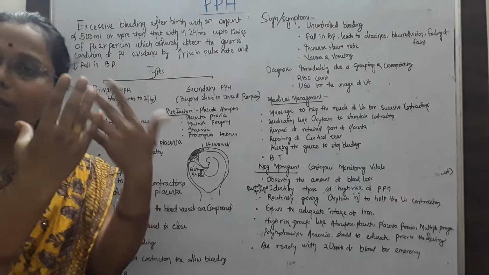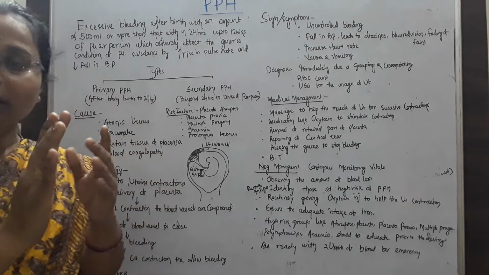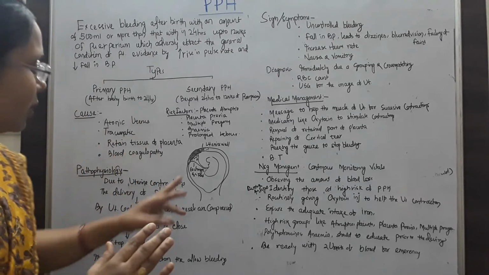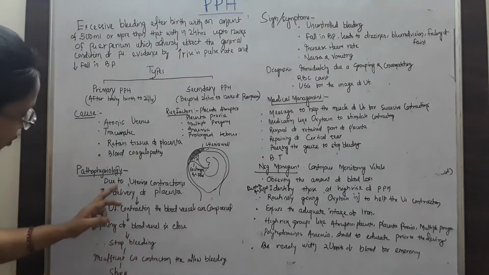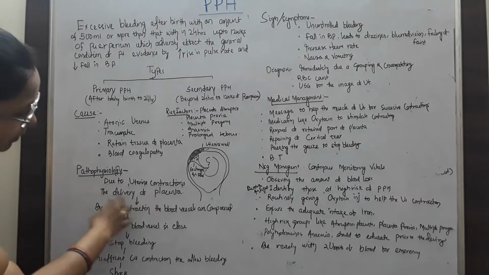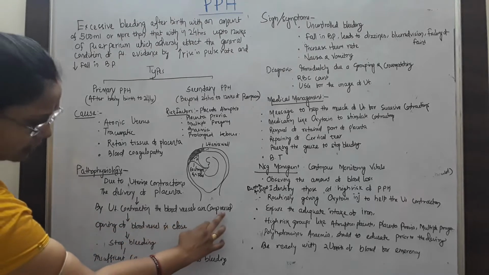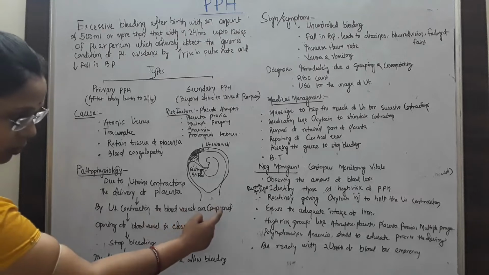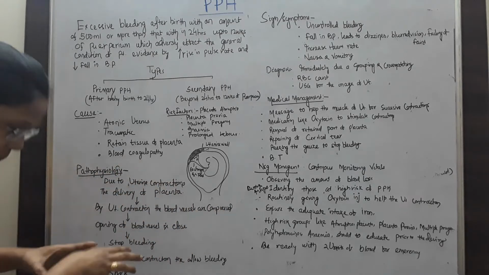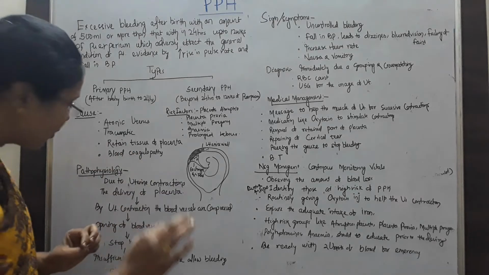If contraction is not sufficient, the vessels remain open after delivery, and that leads to bleeding. So due to uterine contraction after delivery of the placenta, the blood vessels are compressed, and due to the pressure on the vessels, their opening is closed.